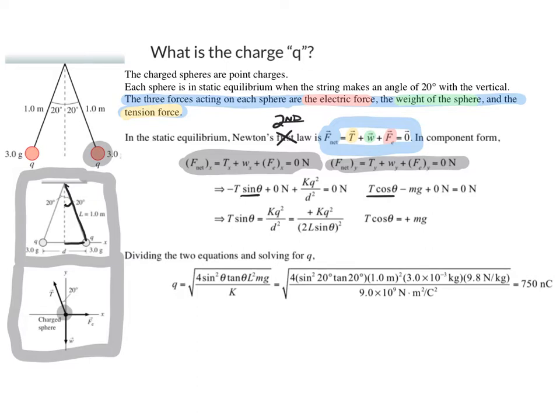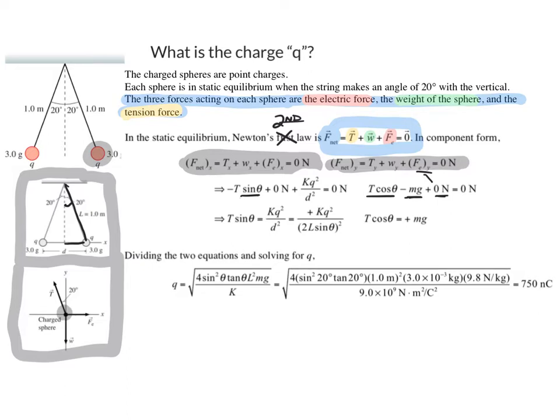In the y direction, the weight is non-zero because that's the only direction that weight force acts. And there is no electric force in the y direction. There's no electric force interaction directed upward, only horizontally.